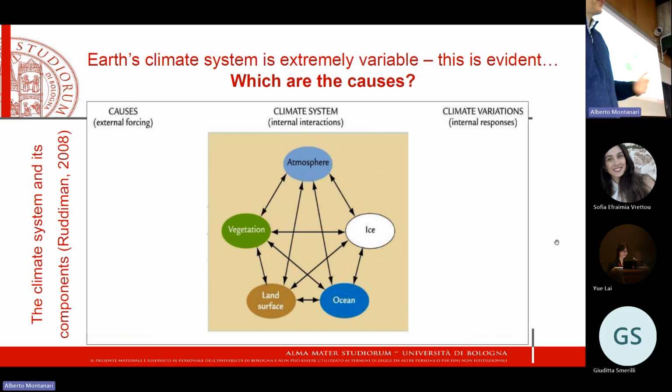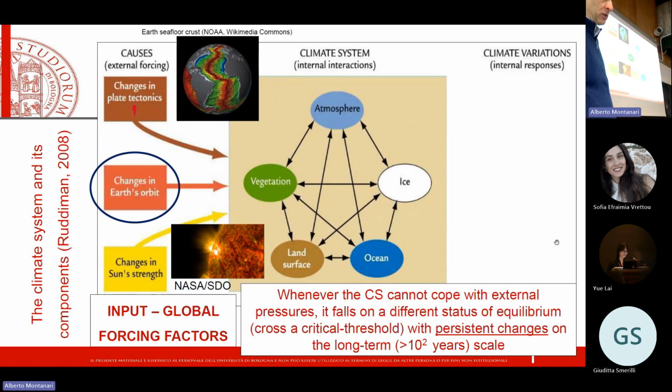Of course, several theories have been elaborated about the causes of climate variability. Let's have a look at some of them. So, for instance, people assumed that changes in plate tectonics may have had an influence, clearly, because the climate is also dictated by ocean circulation.